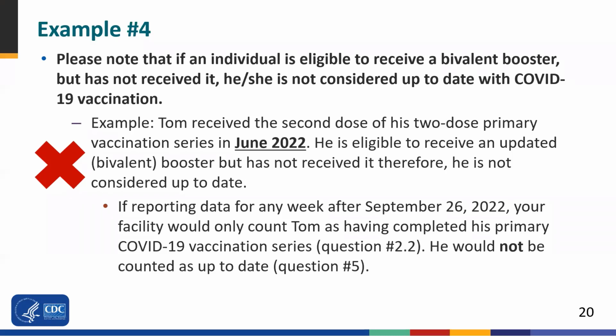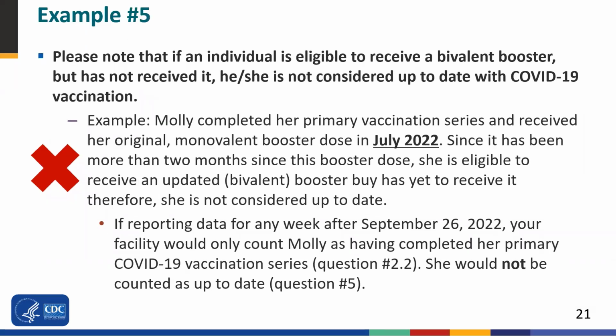Please note, if individuals are eligible but have not received the bivalent booster vaccine for any reason, even if they are recommended to delay receipt of the bivalent booster based on interim clinical considerations, do not count them as up to date for NHSN surveillance.